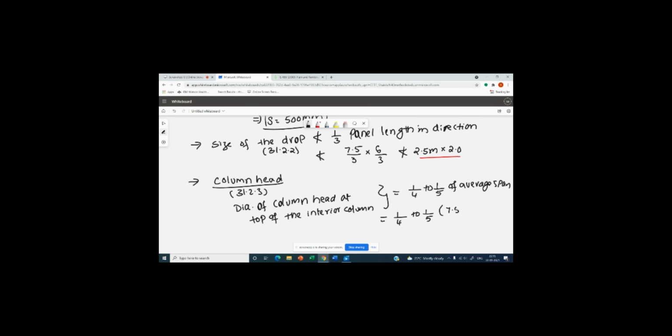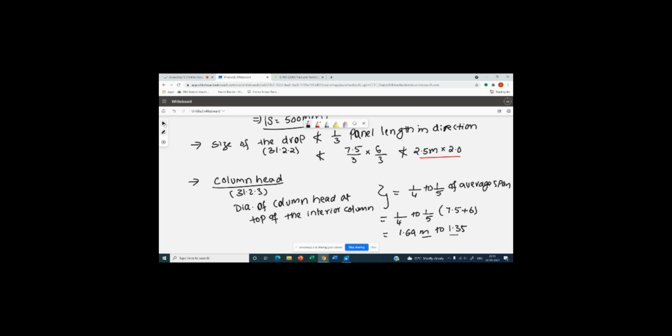One span is 7.5 plus the other span is 6, so this comes out to be 1.69 meters to 1.35 meters. So there is an upper bound and a lower bound.